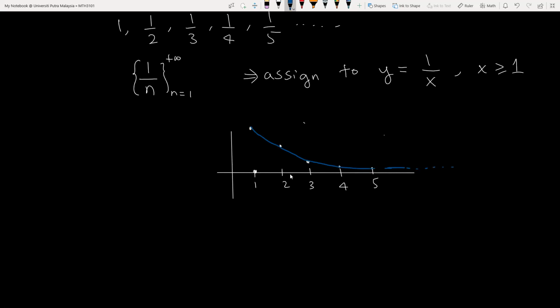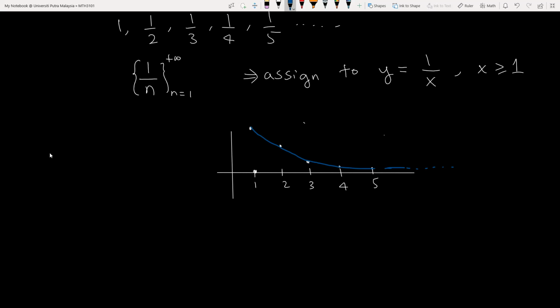Okay. So in this case, kalau awak tengok kat sini, this sequence, when n or when x goes to positive infinity, y goes to 0. So meaning that the sequence has a limit approaching 0.